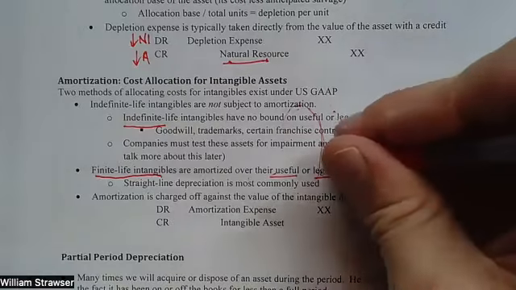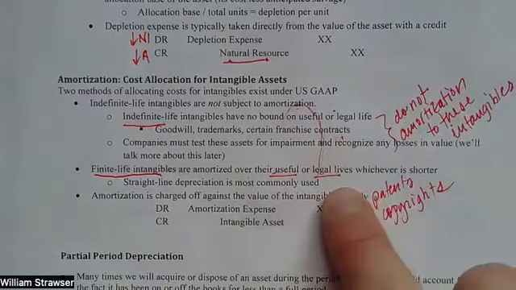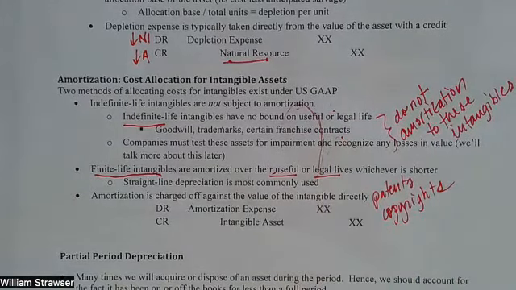So there's a legal life of intangibles. Patents have a certain legal life, I believe it's 20 years. And copyrights have a legal life of whoever the owner of that copyright is, like an author or a musician, plus a number of years past their death.